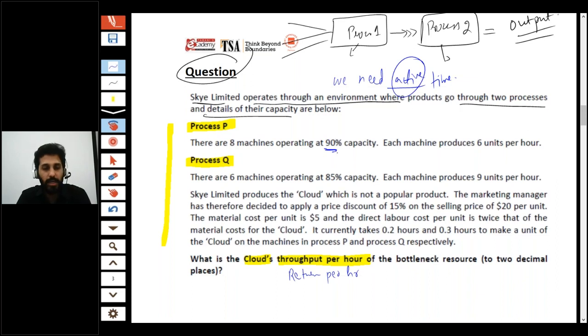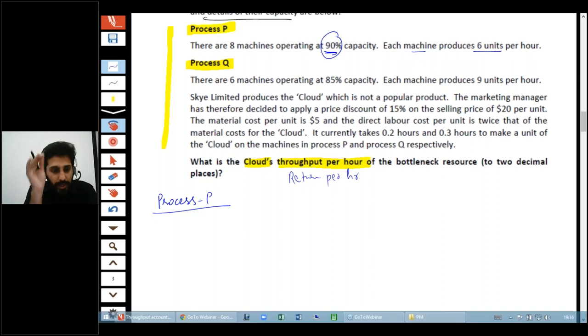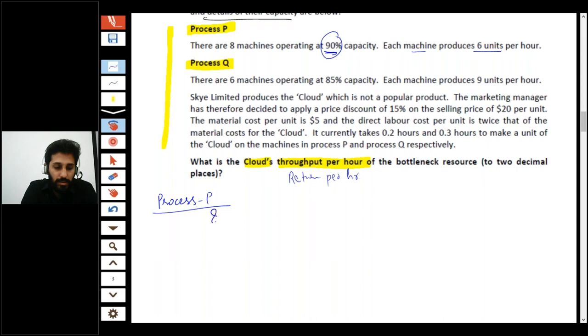There are 8 machines in the process P, at 90% capacity. Each machine produces 6 units per hour. Now, there are 8 machines operating at 90% capacity and they produce 6 units per hour.